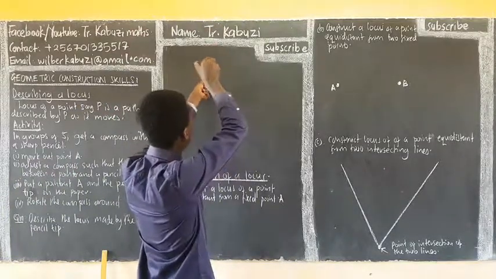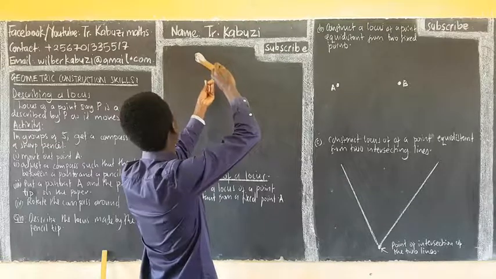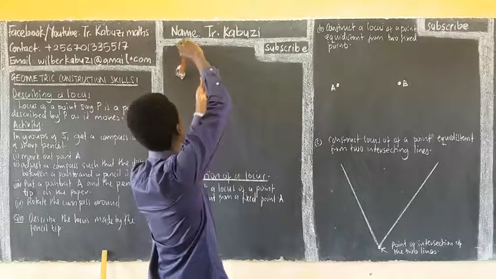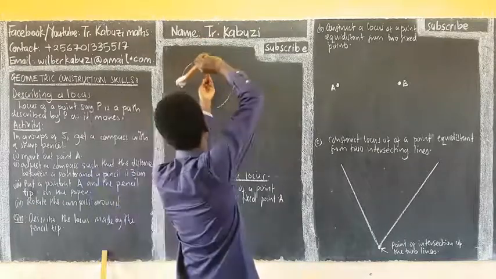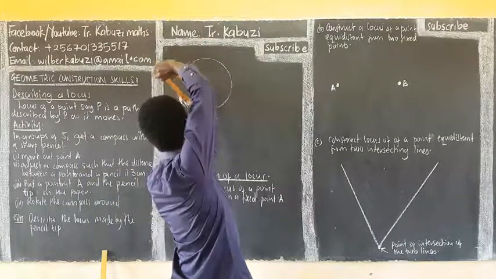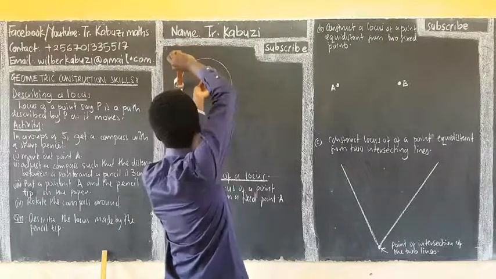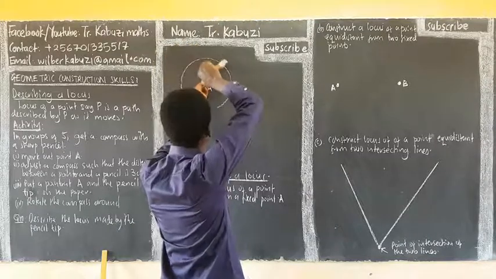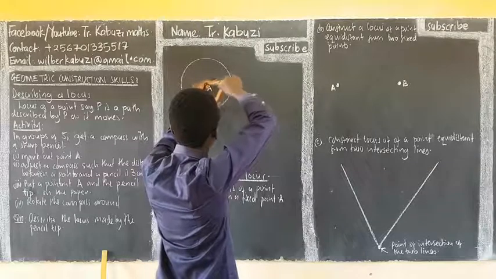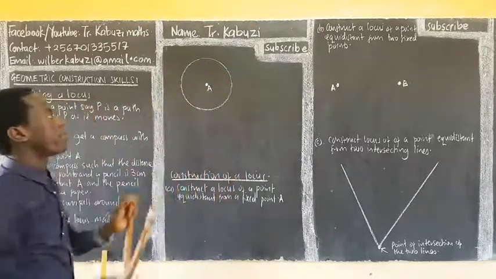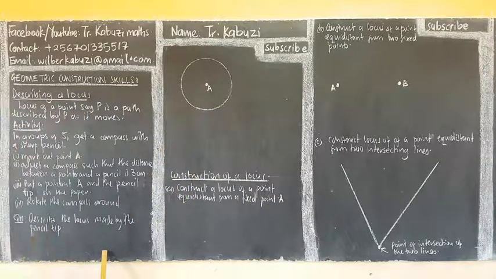So you are going to move it around. If I move my compass around, this is what I'm having. You see my pencil moves around? So this is what I'm creating. So this is my pencil tip. So that's what I've created.